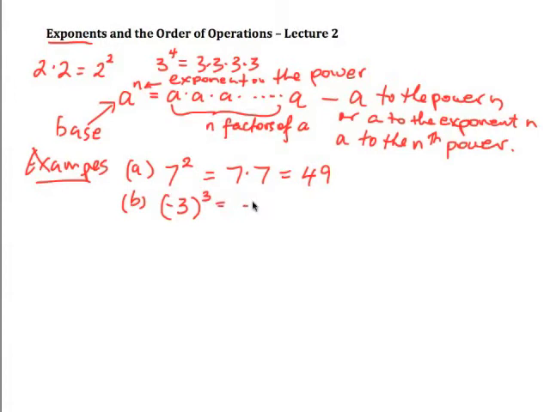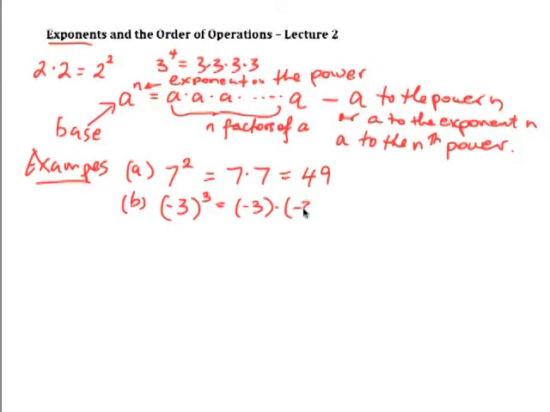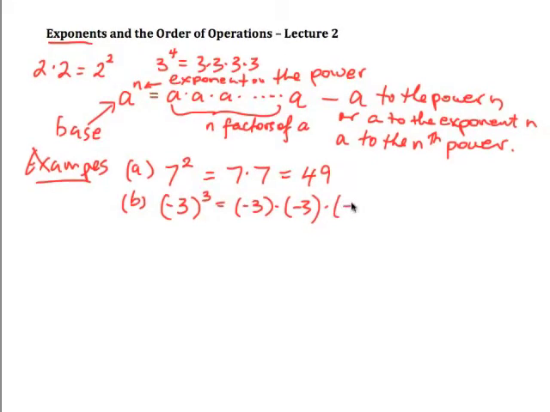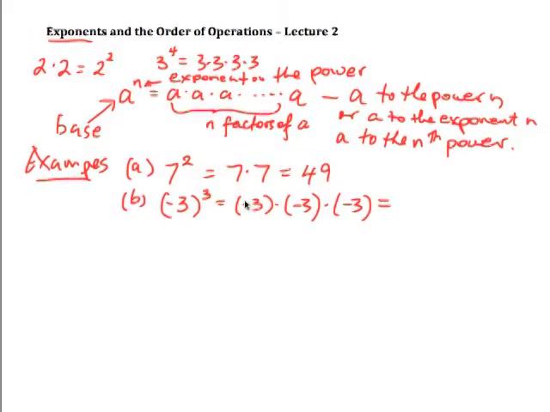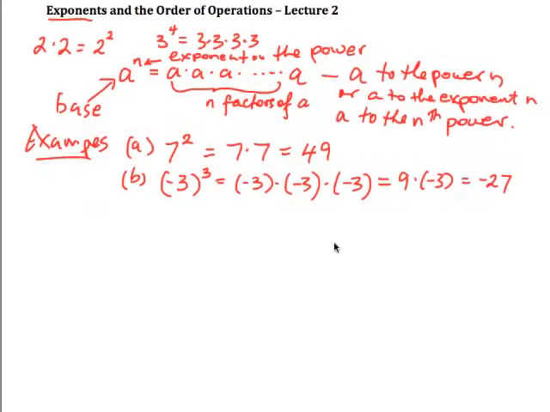Well, this would mean negative 3, and be very careful here, times negative 3 times negative 3. Negative 3 by negative 3 is 9. So this is now 9 times negative 3, which is negative 27.